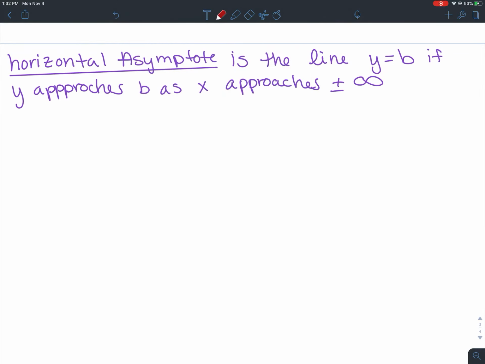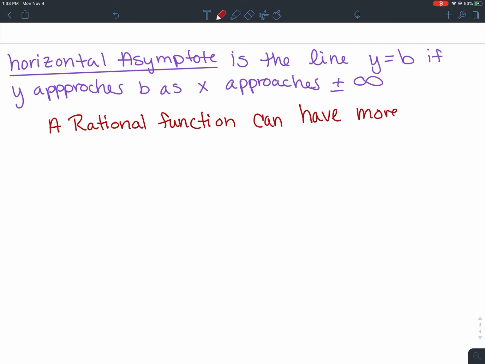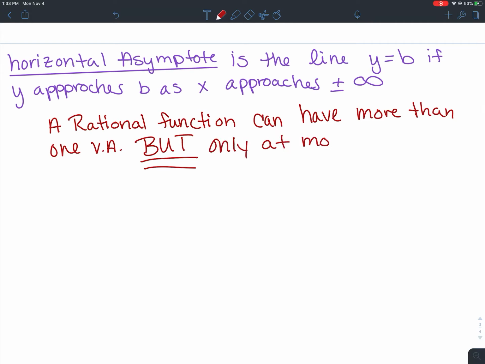Okay, so here's the thing. A rational function can have more than one vertical asymptote, but only at most one horizontal asymptote.